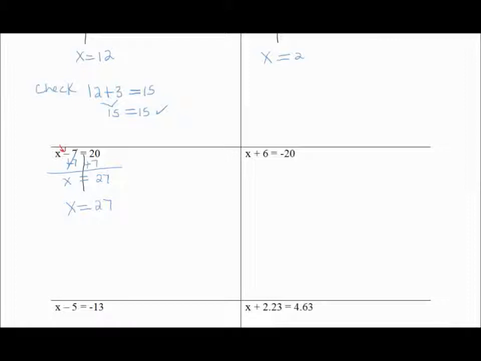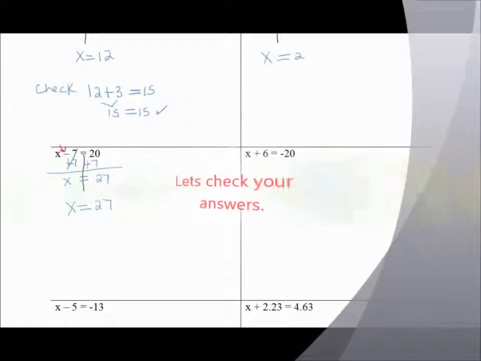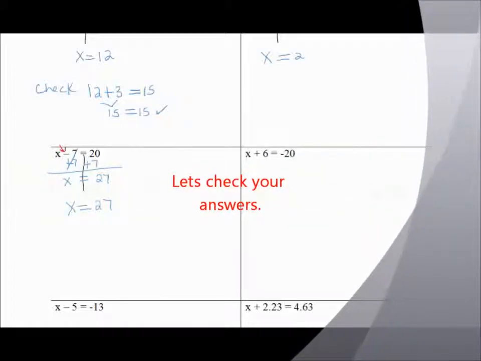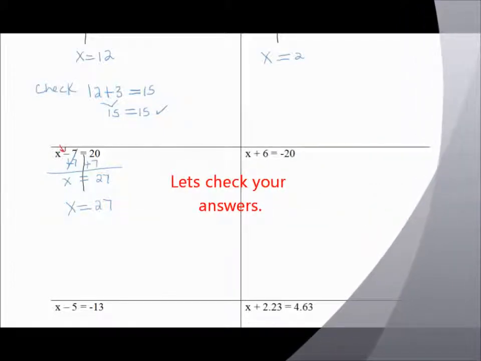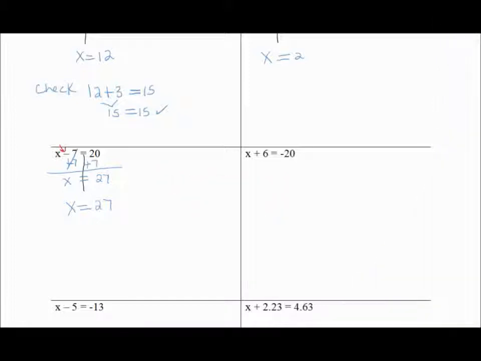Okay, if you finished working your problems, let's go ahead and check your answers. Let's look at the next one real quick. We have x plus 6 is equal to a negative 20. Okay, I'm going to go ahead and draw my little line down so I'll remember whatever I do to the left, I have to do to the right.